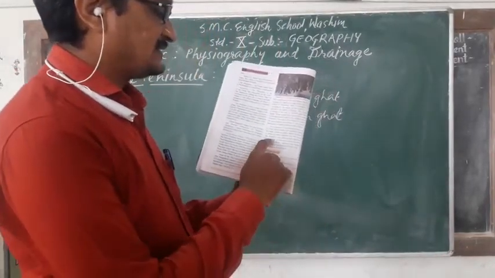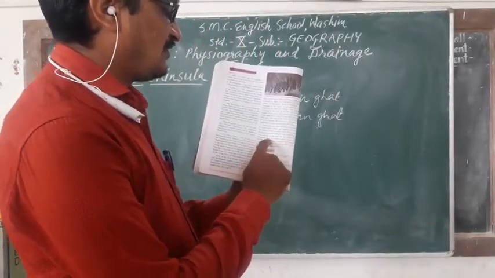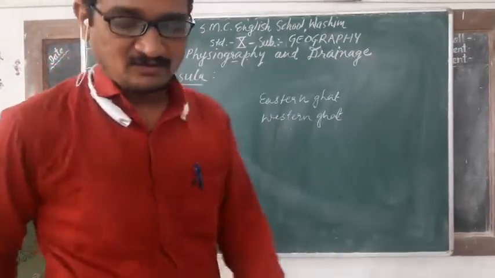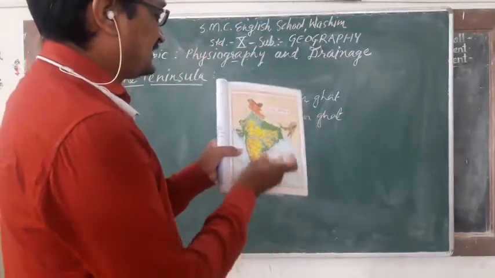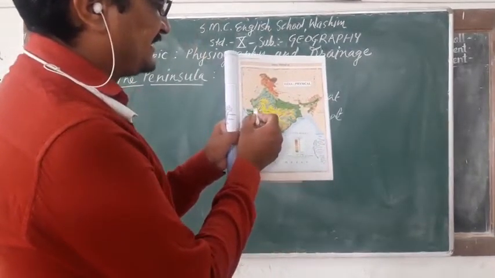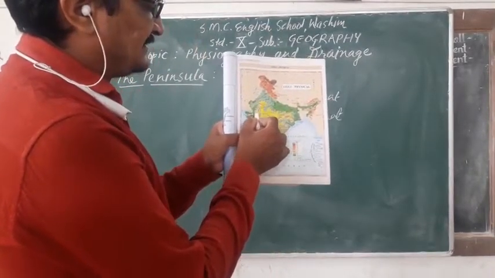See, the Aravallis in the north are the oldest fold mountains here. Fold mountains, Aravallis. See these Aravalli ranges on the map, this side.